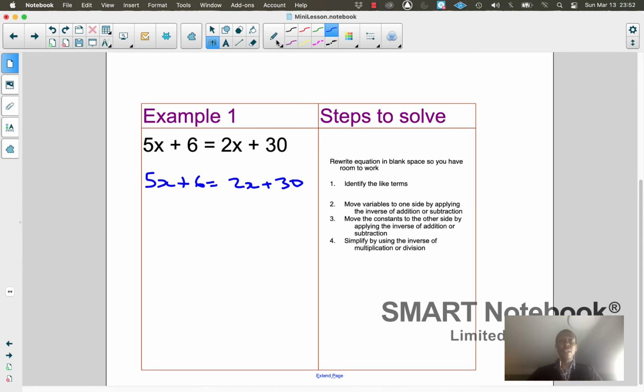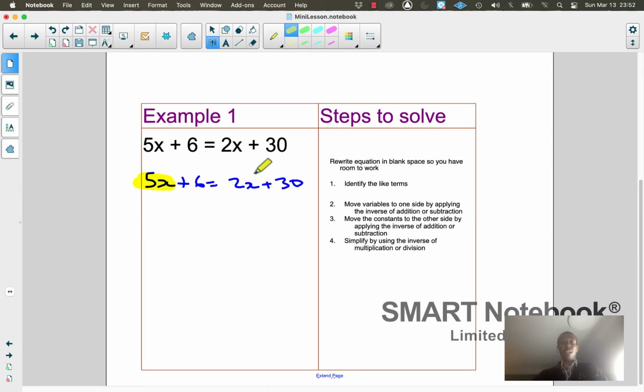So we're going to go ahead and identify the like terms. Ladies and gentlemen, do we have any like terms in this equation? Similar terms, same thing. Very good. So if you look carefully, we have here 5x. See the variable? We have the variable x with a coefficient of 5. Coefficient is the number before the variable.